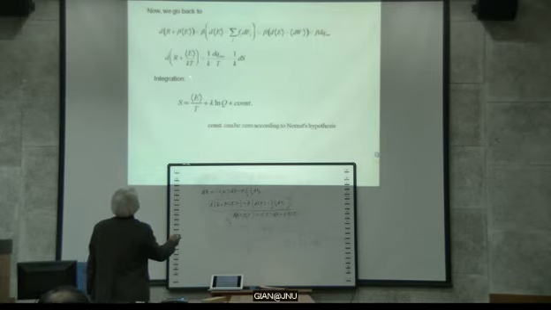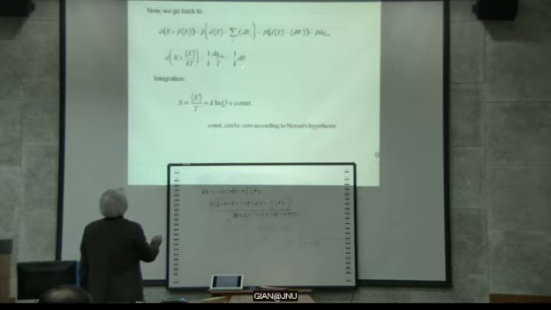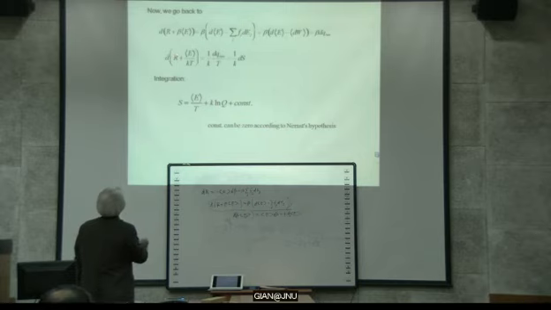Because beta is 1 over kT, and dq reversible over T is dS, change of entropy. So from this you get this expression. This is a log Q, and taking the integration of this equation, you get this one in the left hand side and S in the right hand side.